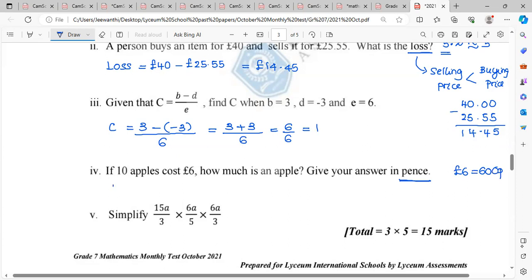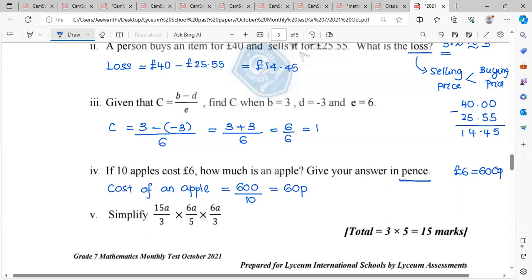So then the cost of an apple, how do you find it? You divide 600 pence by 10. So then it gives me 60 pence, right?